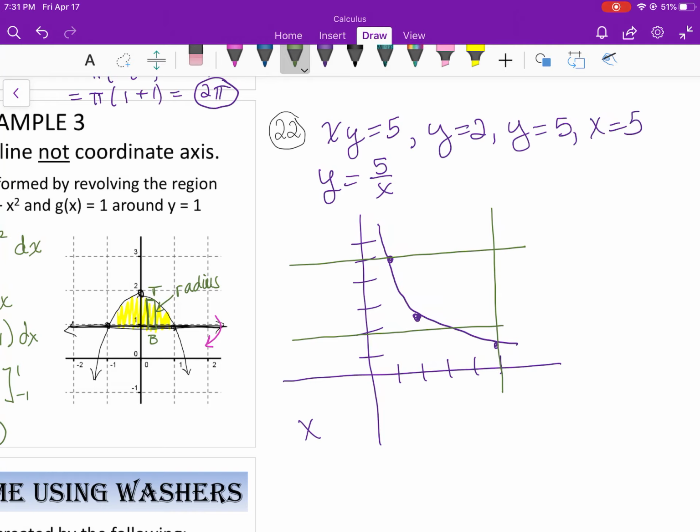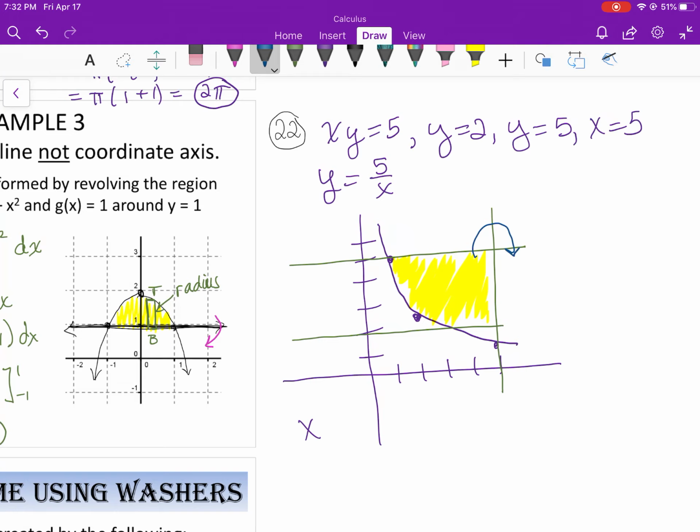Looking at that, what do you suppose would be the shape that they want you to consider? You're looking at the graph between 2 and 5 and bounded by x equals 5. So it's got to be this right here. We're going around x equals 5.